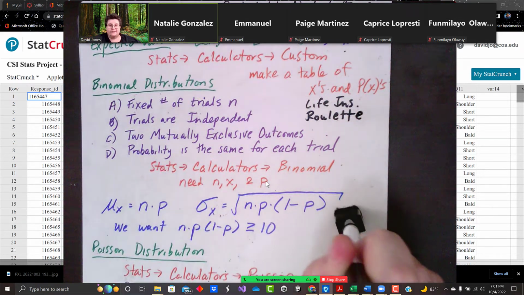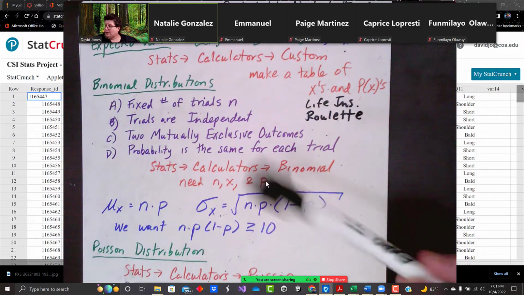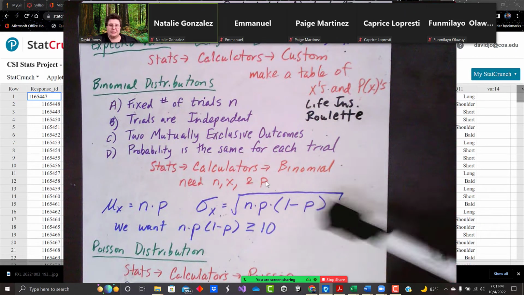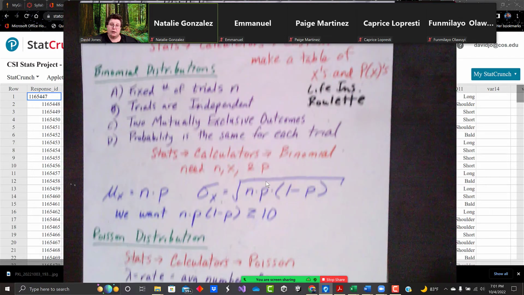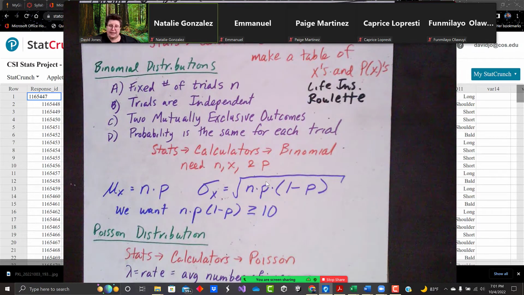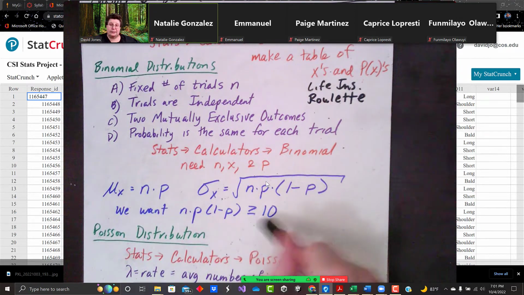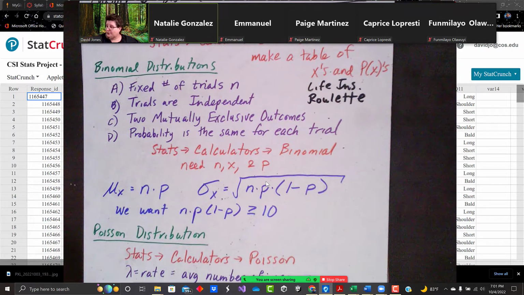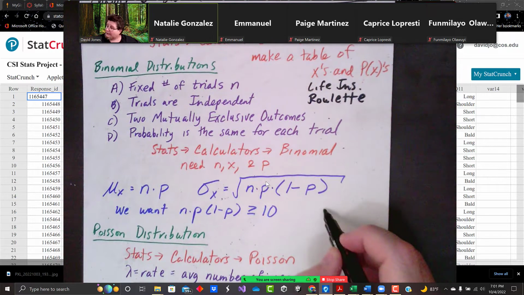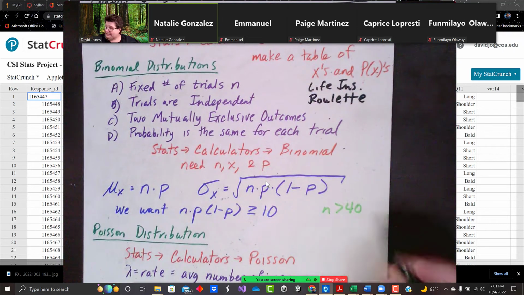And we can find the standard deviation by doing n times p, then times 1 minus p, and then taking the square root. If they ask you what n and p need to be, we want n times p times 1 minus p to be greater than or equal to 10. This often leads to n being higher than 40, ideally.